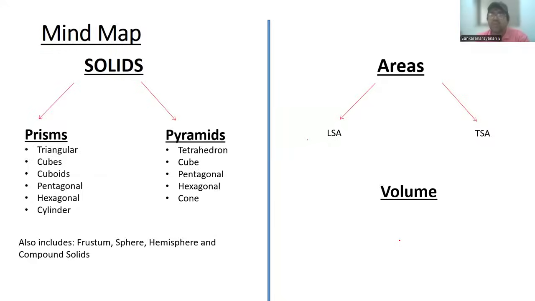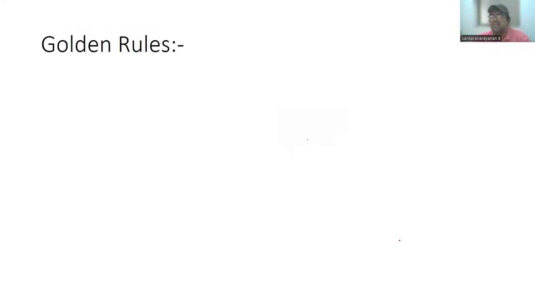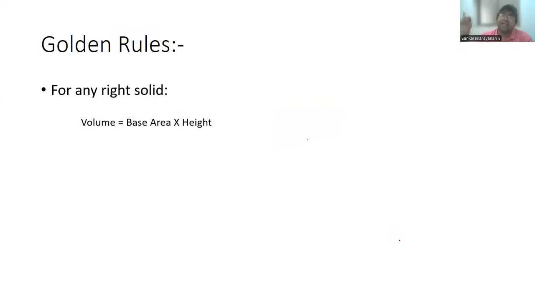Now, some golden rules that you have to always remember while doing problem solving. I shall present it. For any right solid that you are considering, please note the volume can be simply calculated using the idea base area into height. For example, let me consider a cylinder. It's just an example.